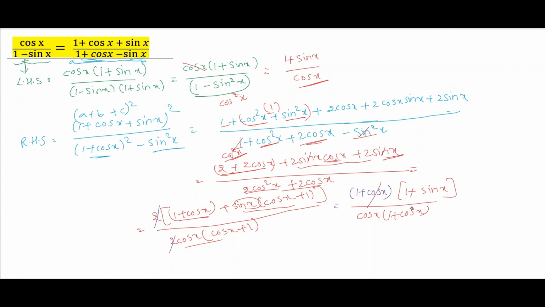This 1 plus cos x, 1 plus cos x will get cancelled out. We are left with 1 plus sin x upon cos x after simplifying the right hand side. This is same as what we have got here. These two are same. So both left hand side and right hand side, they are equal.